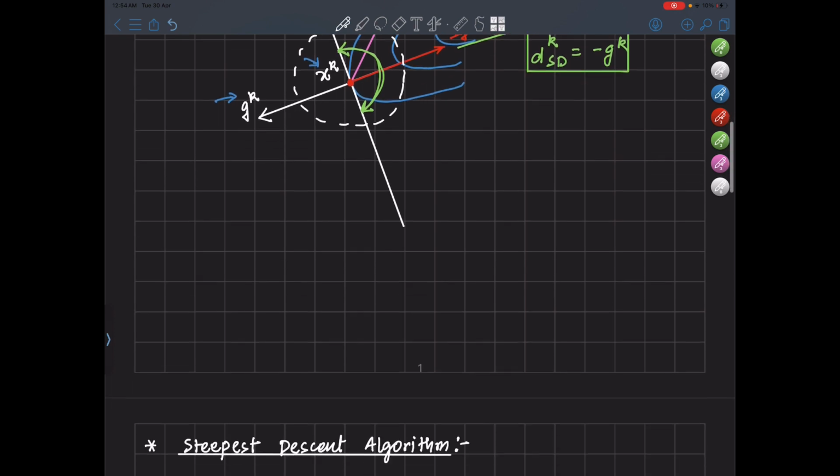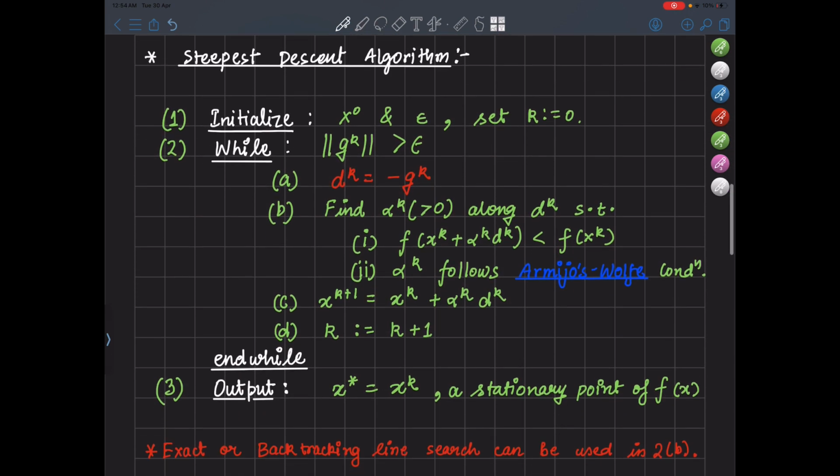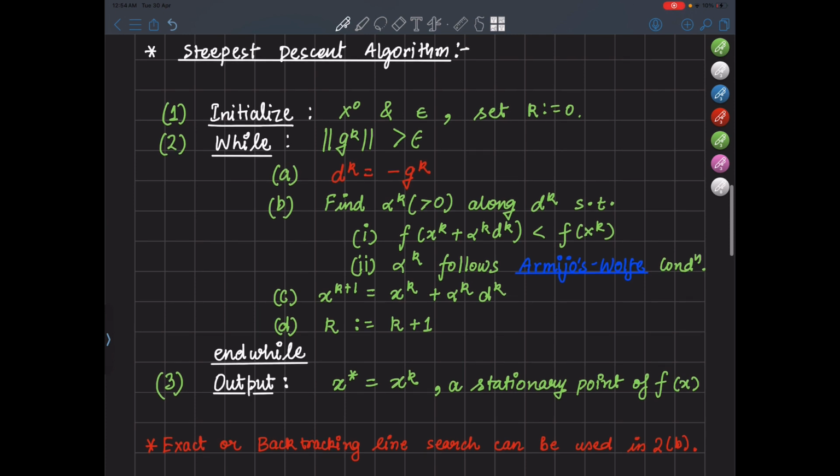Now we also discussed the algorithmic form of the steepest descent direction. Let's look at it once. As in the case of the algorithms, we first initialize the initial value of the variable. We define an epsilon constant, which is a small value used in the stopping condition of the algorithm, and we also initialize the iterate to 0.